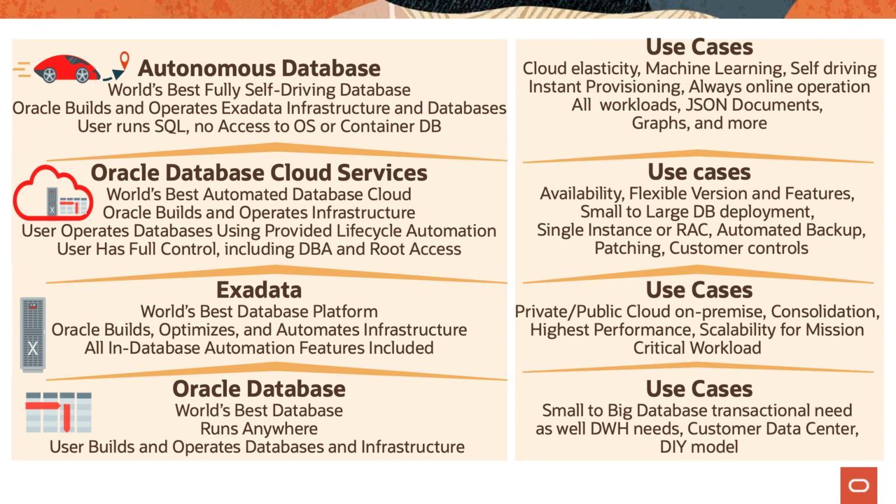As far as use cases go, this is a great place for customers to build a private cloud, either on premise or on Oracle Cloud Infrastructure. This is perfect for consolidation use cases where customers have a lot of databases and they are looking to consolidate on one platform. So Exadata works well there, and it's very ideal for highest performance workloads, and has a lot of scalability features, which is ideal for mission critical workloads.